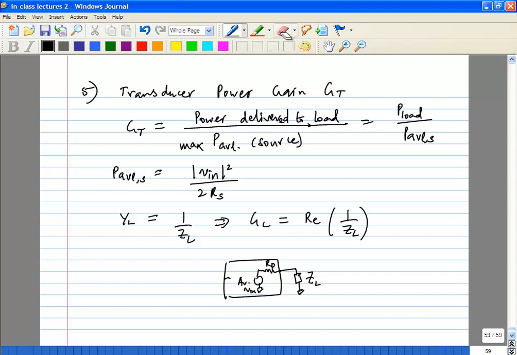Actually, that is not RP. That is RP, right? Okay. So what is your P load? Okay, it's V out squared over 2 times GL.